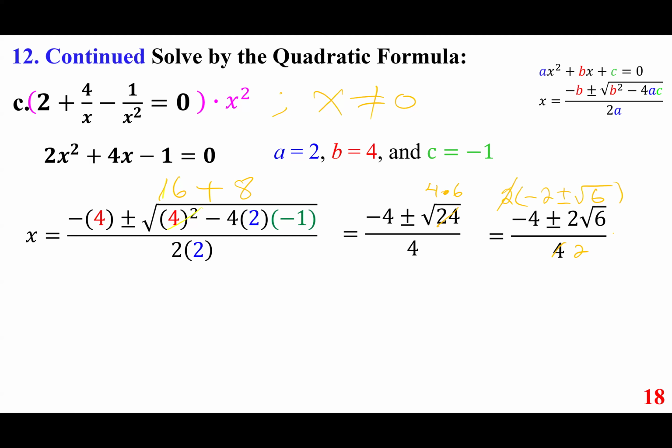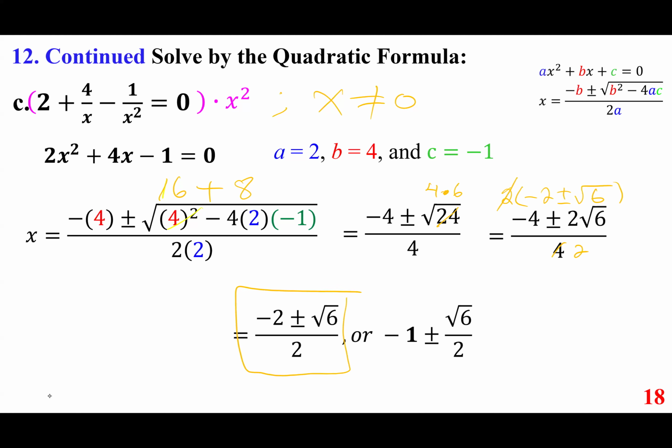So what I want you to notice, again, is that sometimes students are under the assumption they can cancel those two and put -1. That's not true. What you can do is to write this as -2/2 plus minus square root of 6/2, which results in this, okay? So you want to be careful with that.